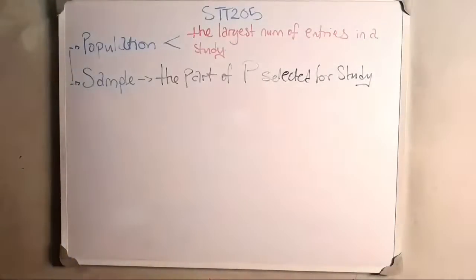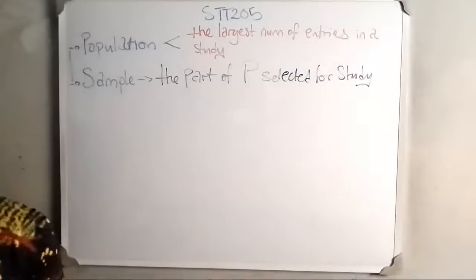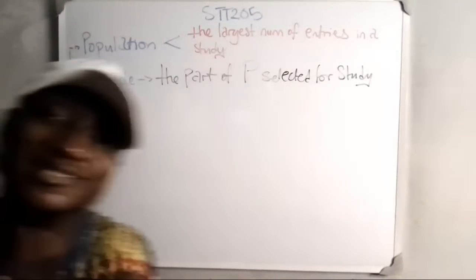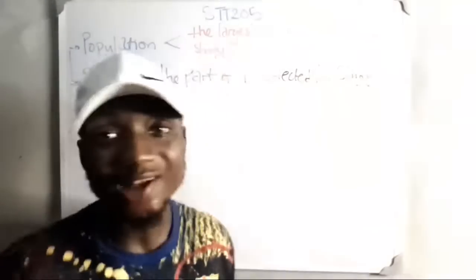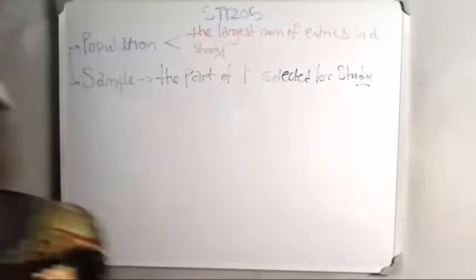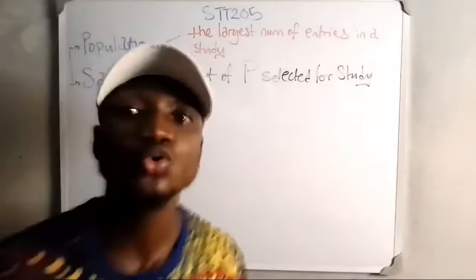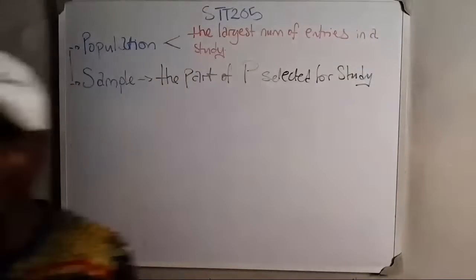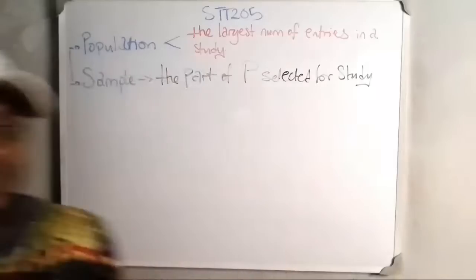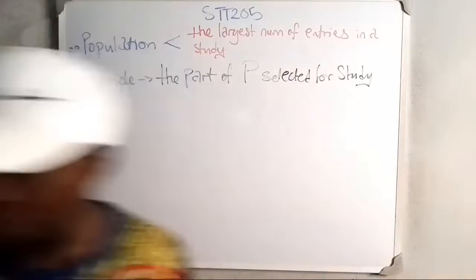Primary data is collected by the researcher for a particular purpose and used by that researcher for that purpose. Secondary data is passed from one person or group to another before it gets to the person who will be using it.